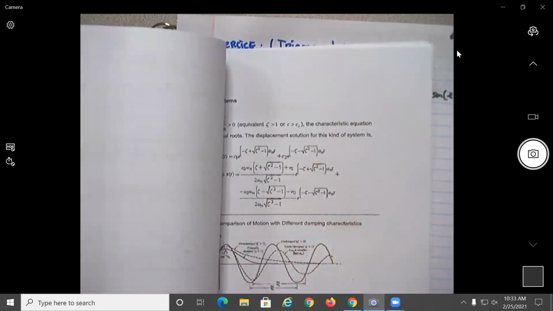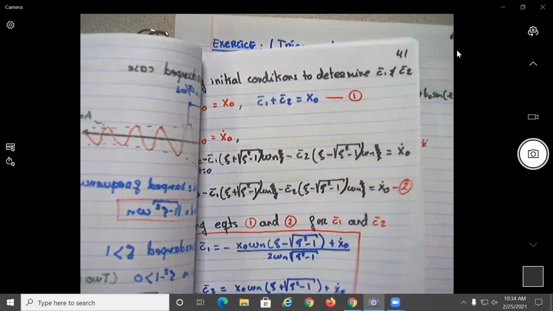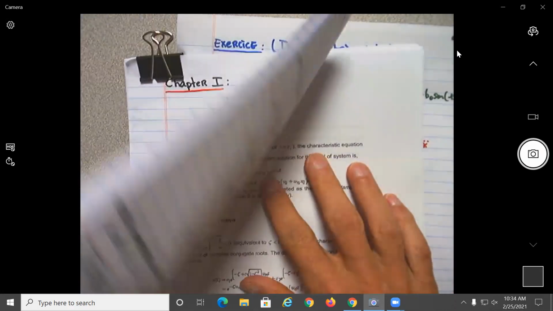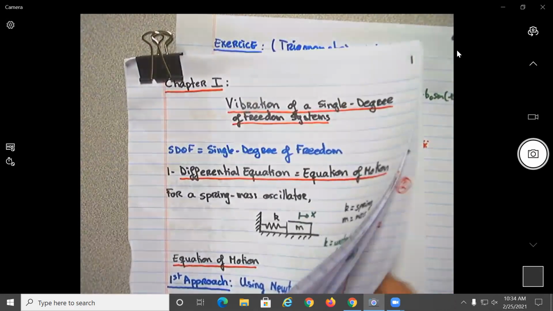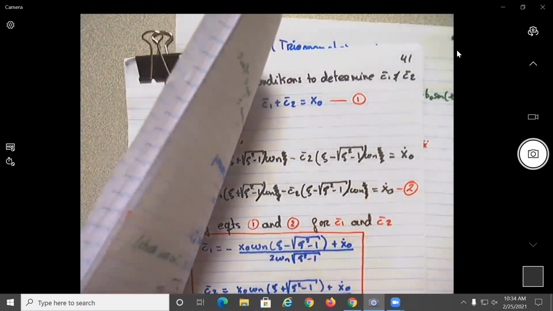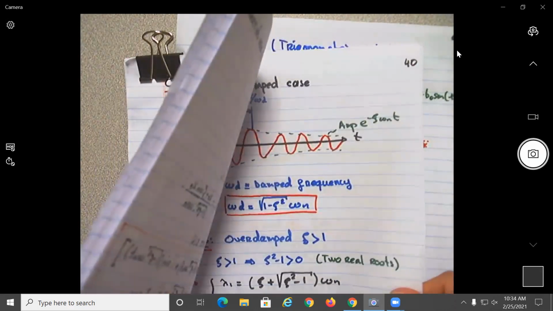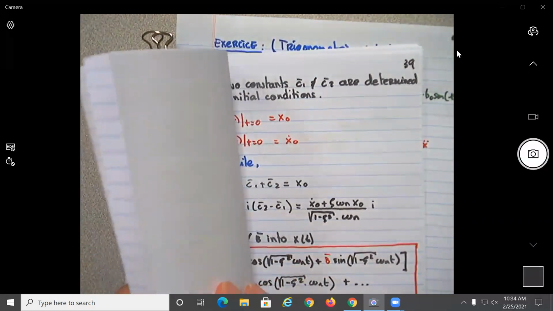Okay, so I think we had these pages that give you the response for the underdamped case. All right, so we have all these expressions here, a summary of results: critically damped, underdamped, and overdamped. It looks like it's from page 41. This was the response. So 41, 40, 39.